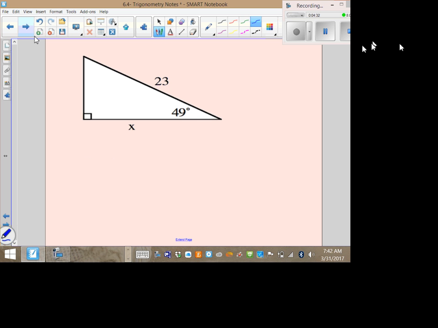All right, try this one. We're standing there. We have our adjacent, our hypotenuse. This is our opposite. So write out your SOHCAHTOA. So adjacent, hypotenuse, we're going to choose cosine.